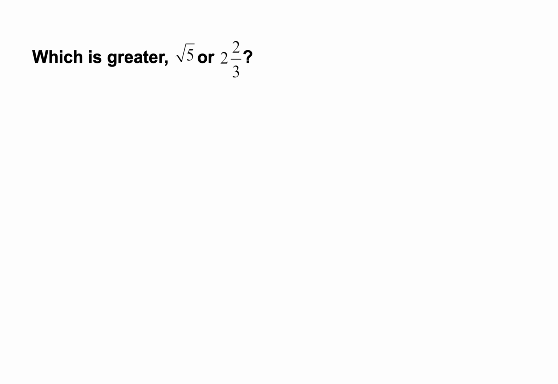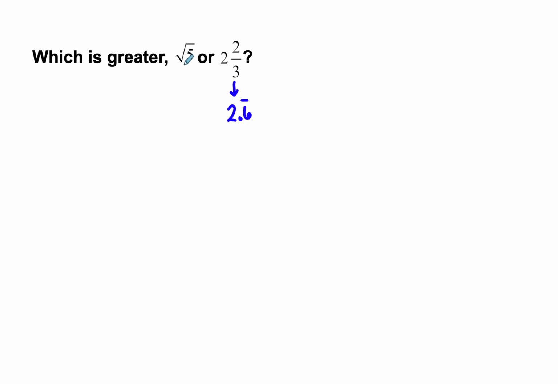All right, let's take a look at this next one. Which is greater, the square root of 5 or 2 2/3? So we need to put them into decimal form to compare them. So 2 2/3. 2/3 is a benchmark fraction. I know that one off the top of my head, so I'm not going to do the work for that. But if I needed to, I could do 2 divided by 3 to get that 6/10 repeating.